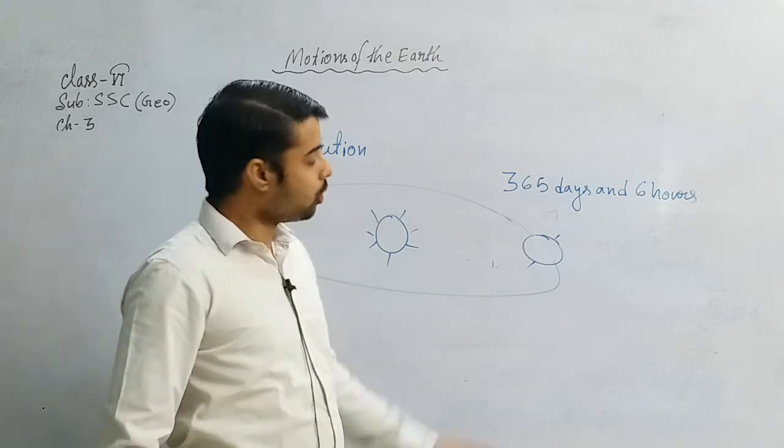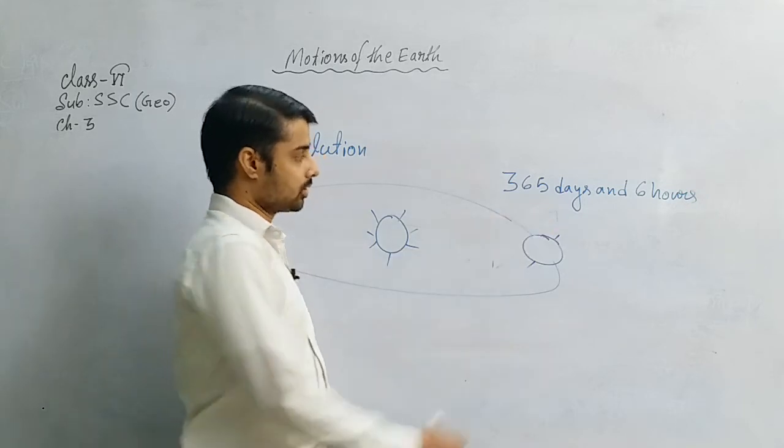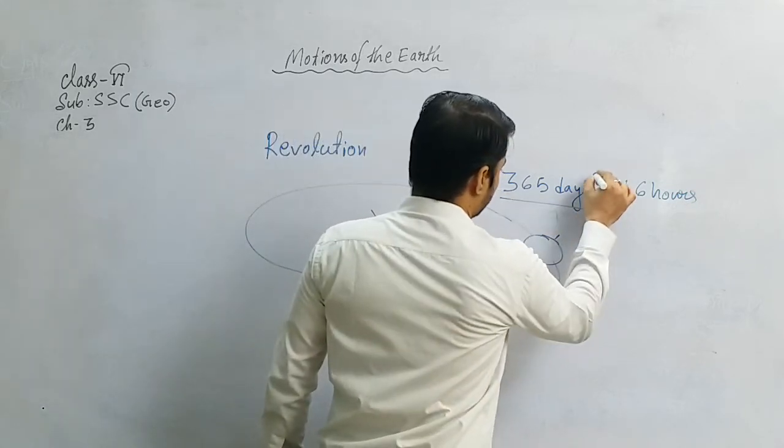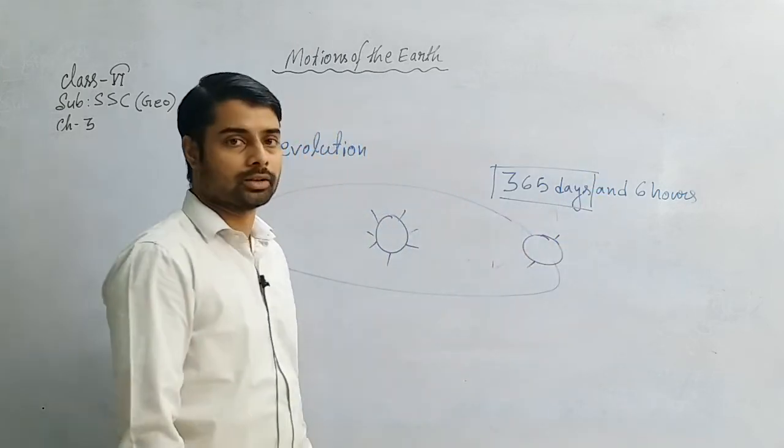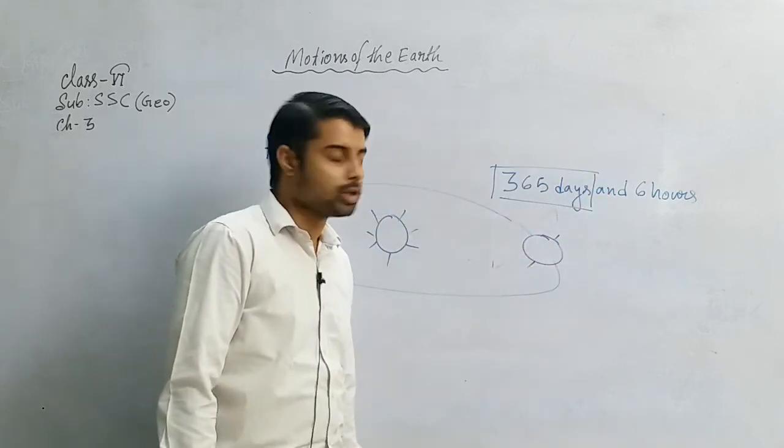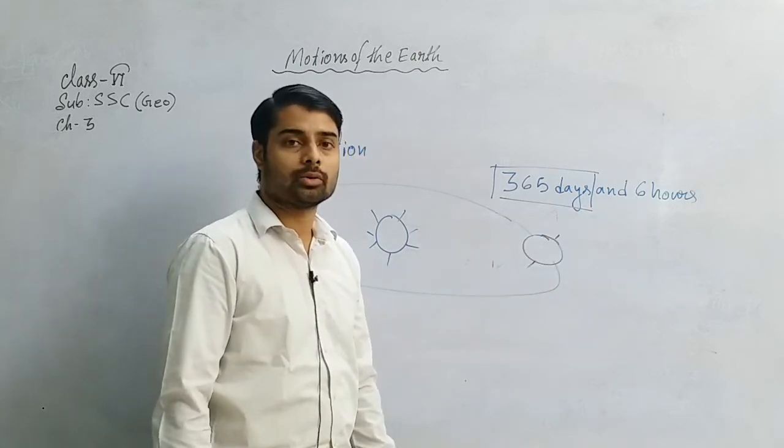And what happens to the 6 hours? We know that we count 365 days in every year for our convenience. So what happens to the rest of the 6 hours?